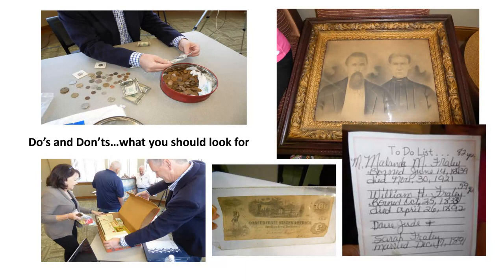But in this particular one, I included it in here because the paper there on the lower side told a little bit about that photograph in itself. And it was so faded that they really could not see that without having to put it under a light. And when they did, it told a little bit about the history.